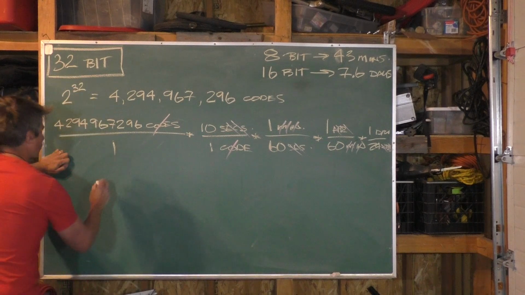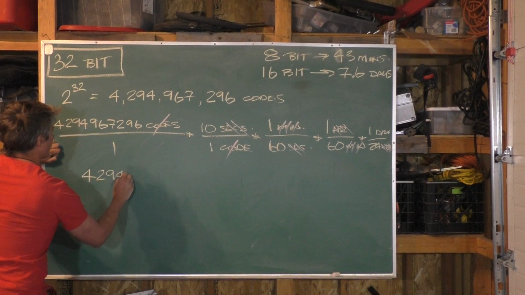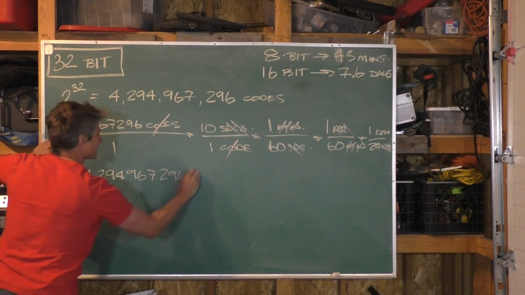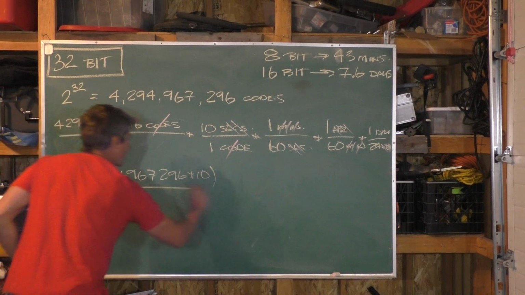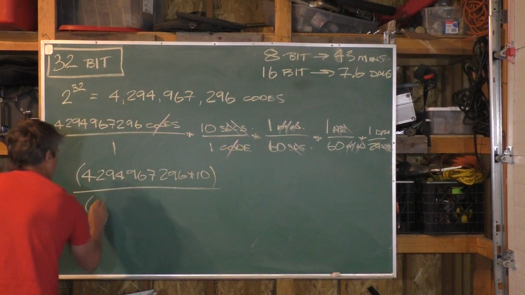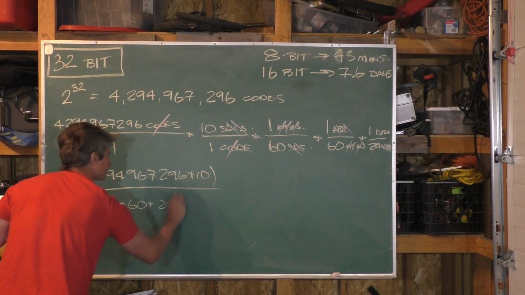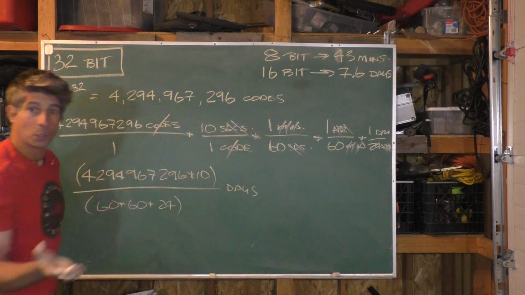So I'm just going to write these numbers down so we can see them. 4,294,967,296 times 10. And then I'm going to divide that by 60 times 60 times 24. And what comes out will be in days, because that's the only unit that's left.